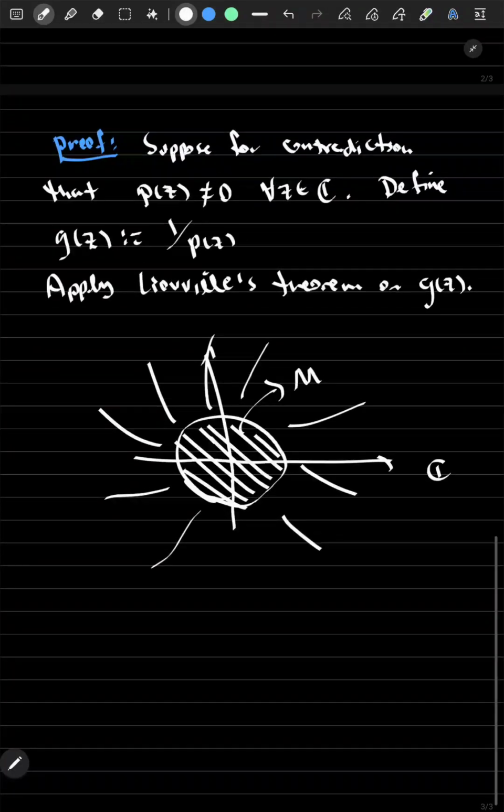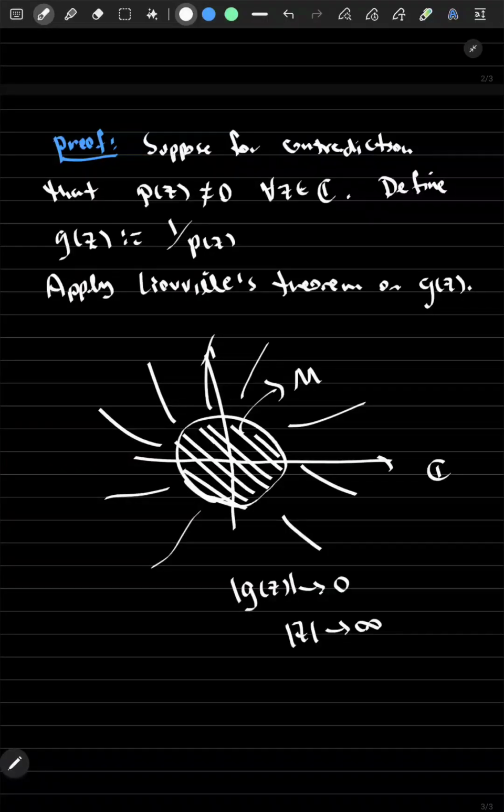because of the fact that the absolute value of g of z tends to 0 as the absolute value of z tends to infinity. And this happens because the absolute value of p of z tends to infinity as z tends to infinity, because p is a polynomial.